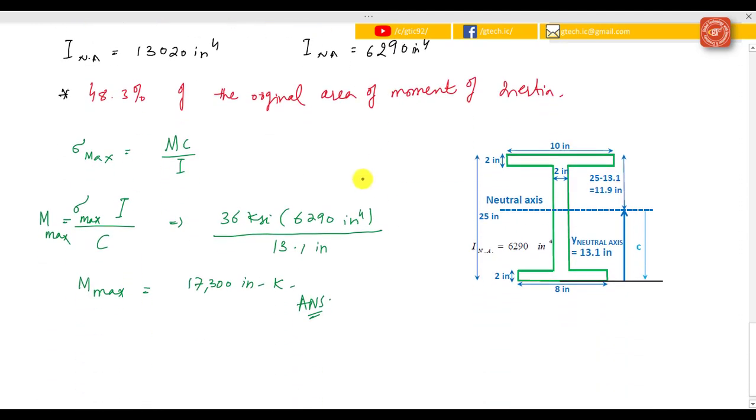Using the flexure formula, we know that sigma max is equal to Mc over I, and in this problem we have to find the maximum moment. So M max is equal to sigma max times I divided by c.